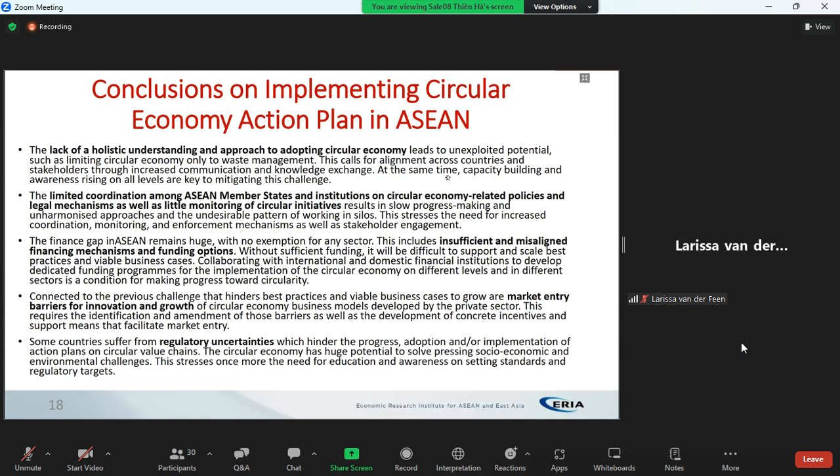The first is to identify market entry barriers for the circular economy and strengthen the innovation and growth of circular economy business models developed by the private sector.